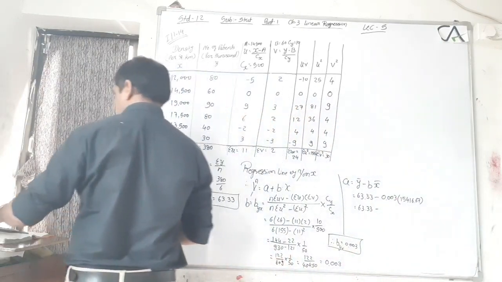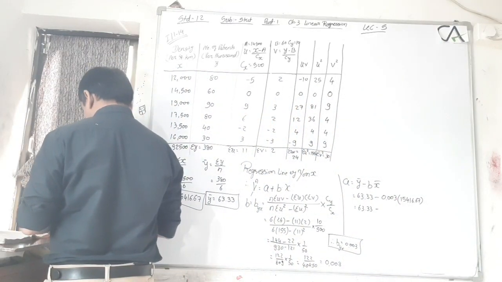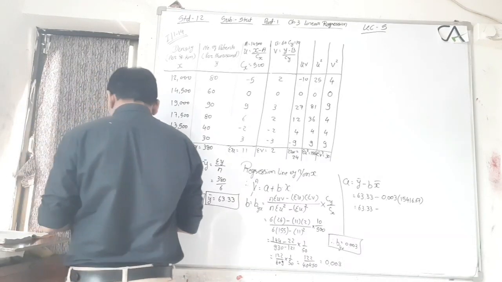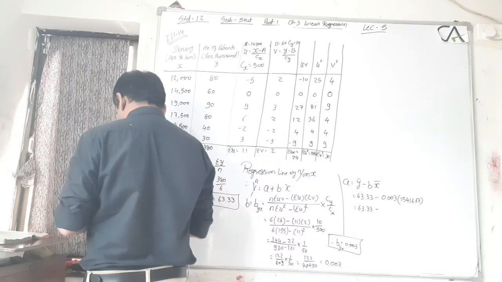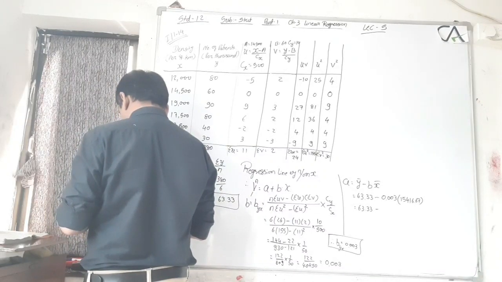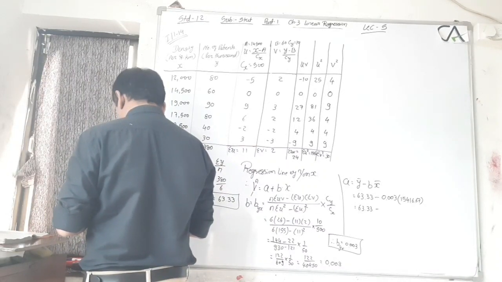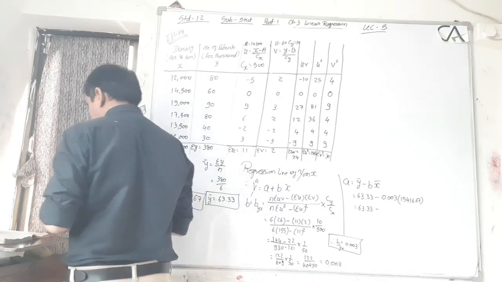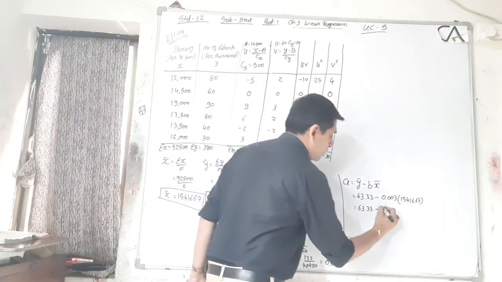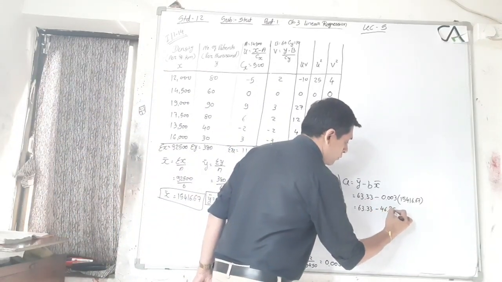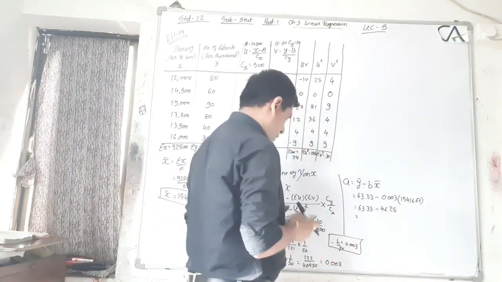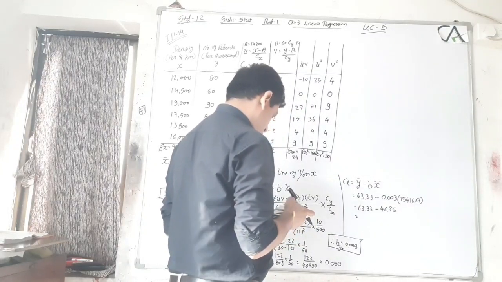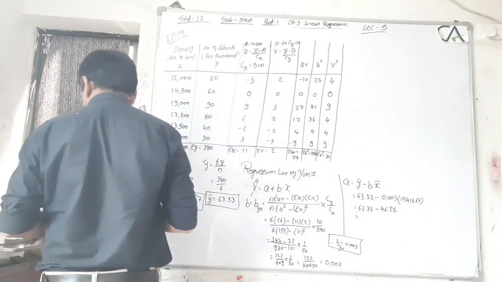Make the multiplication: 0.003 into 15,416.67, that is 46.25. So what's your answer? It is 17.08.